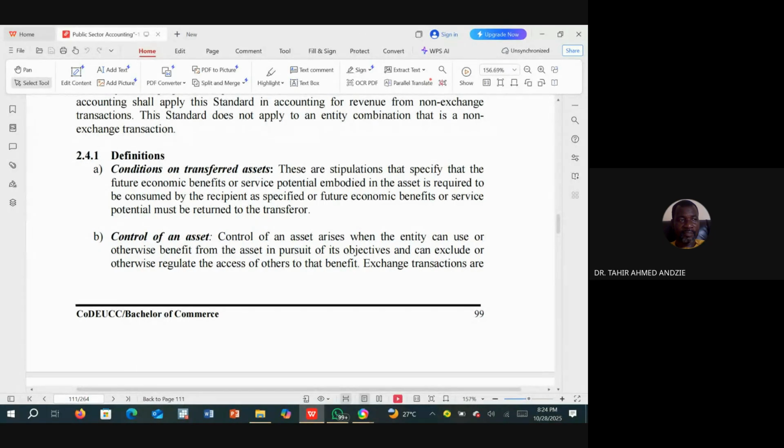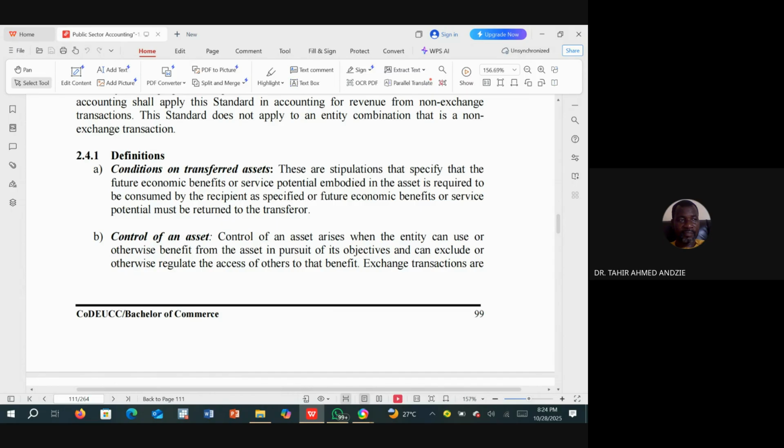And the condition is that you use it the way they have asked you to use it. If you are unable to use it that way, you transfer the asset back to the owner, the transferor. You see, that is a condition on a transferred asset. I have given you 10,000 to be used to build a school. You can only use it to build a school. If you don't have a school to build, then return the money.